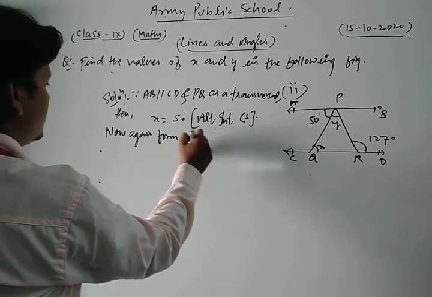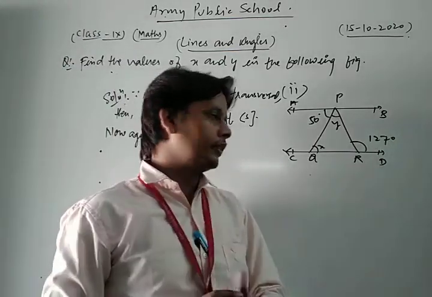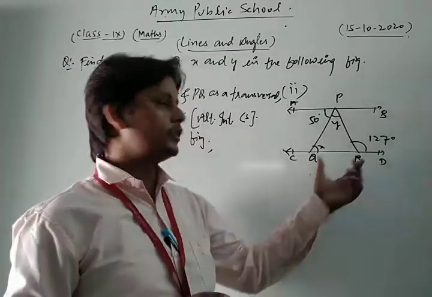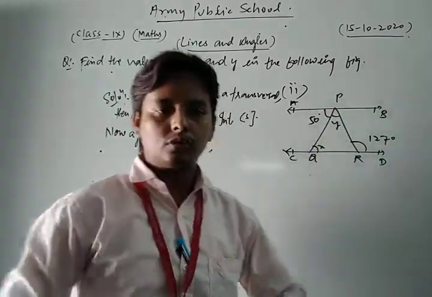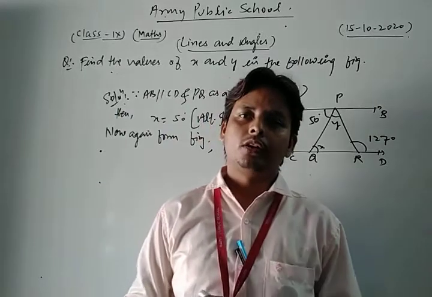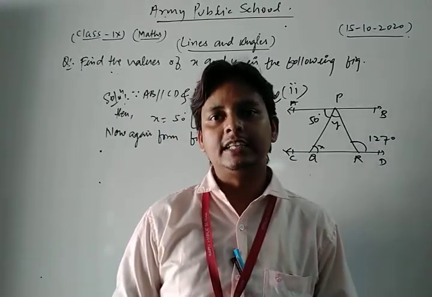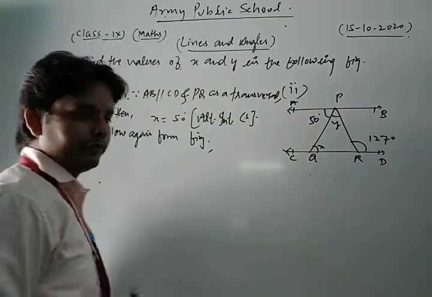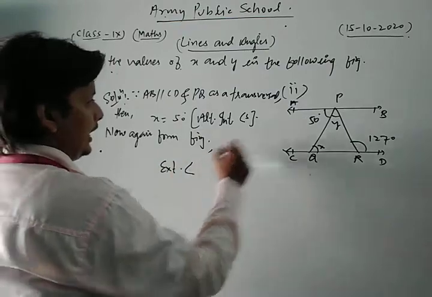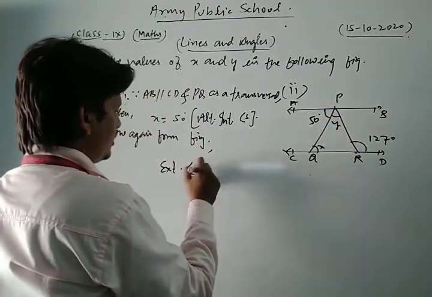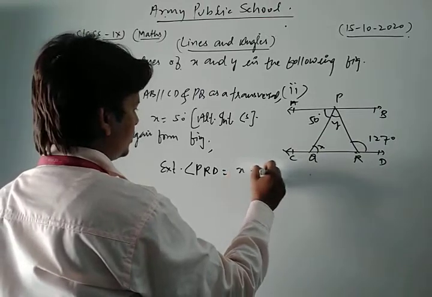Again from the figure, here we apply the exterior angle property, because we know that the exterior angle of a triangle is equal to the sum of its two opposite interior angles. So in the following figure, dear students, exterior angle PRD is equal to x plus y.